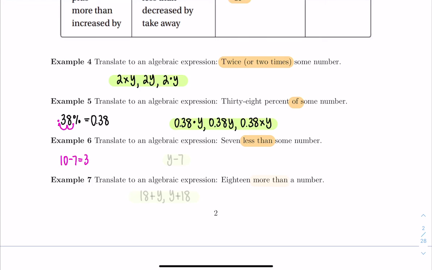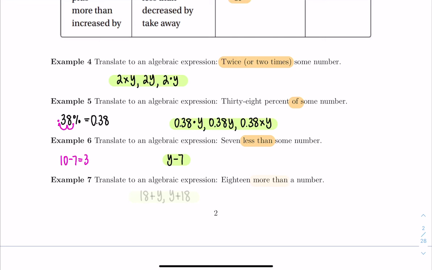So you have to be careful when talking about subtraction when it comes to the order. So if our number, which we don't know, is y, 7 less than that number would be y minus 7. Not 7 minus y. Two very different numbers. So you want to think backwards a little bit. 7 less than would be y minus 7.